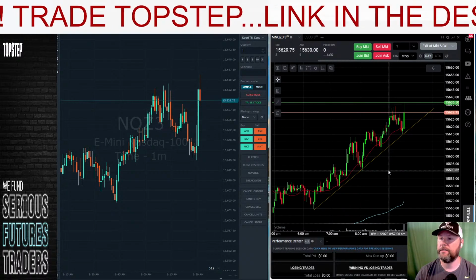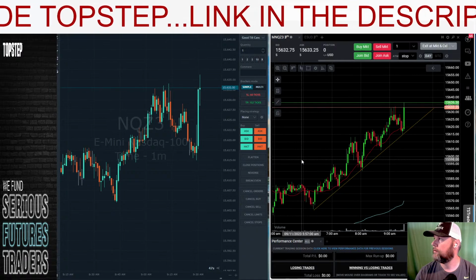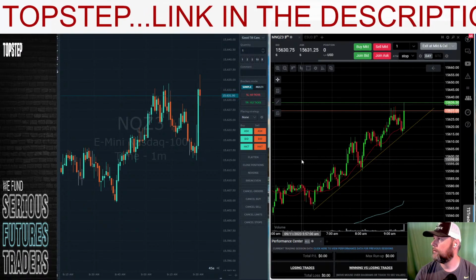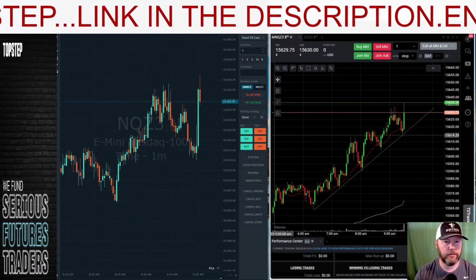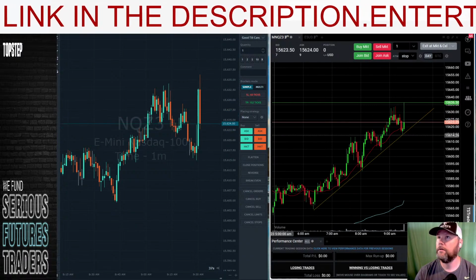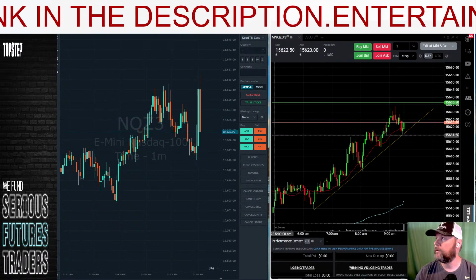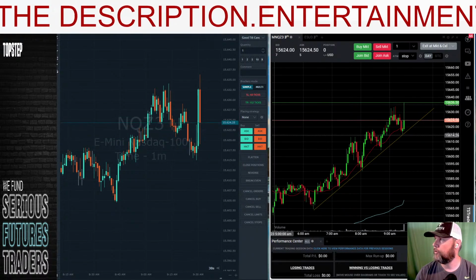Pushing up into the 36 there. Volume looking a little better here. Could have got long there for that little breakout, but I'd like to see a little more confluence here, because any weakness in one or the other is going to pull the other down between the ES and the NAS. Getting a little pullback there.